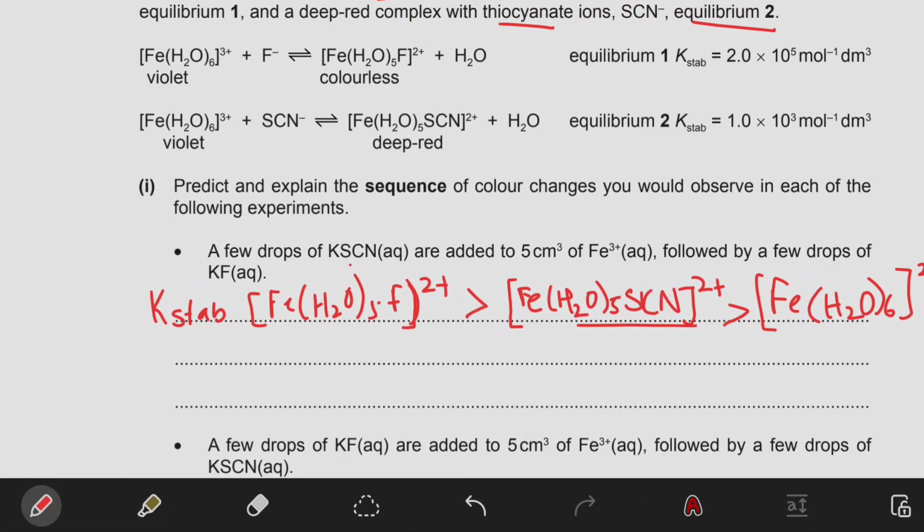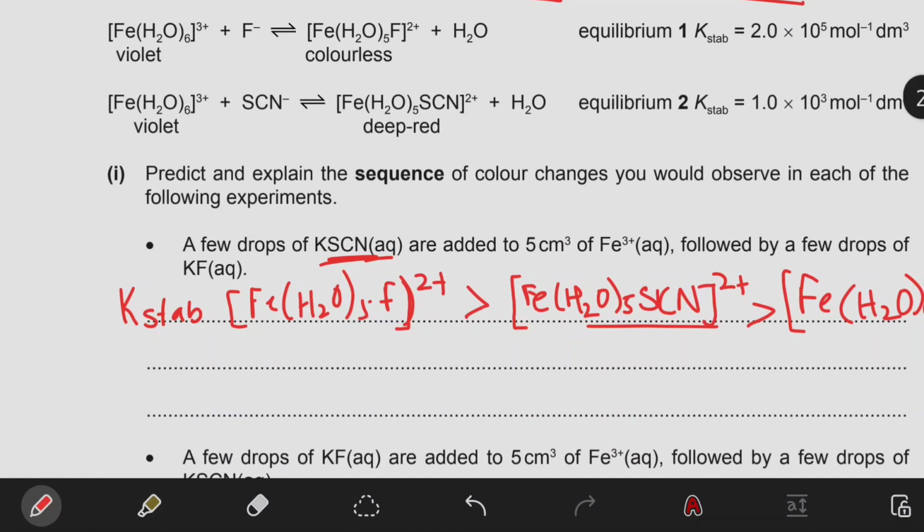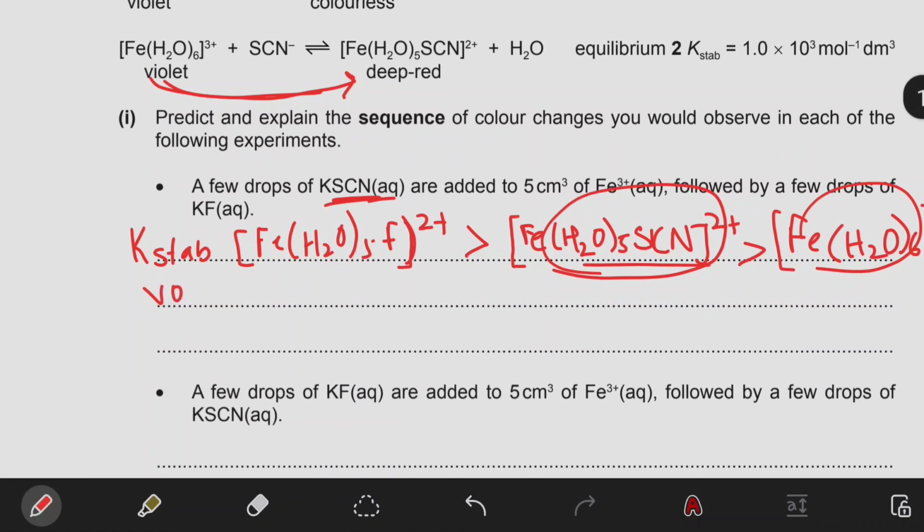We know that first this is added, so the color will change from violet to deep red because this is more stable than this, right? So color will change from violet to deep red.